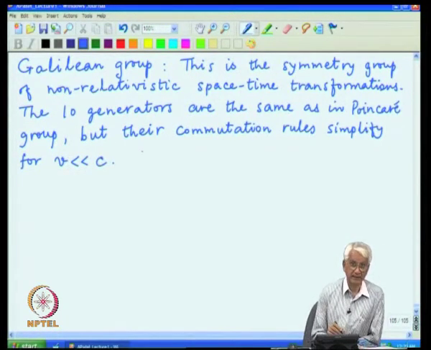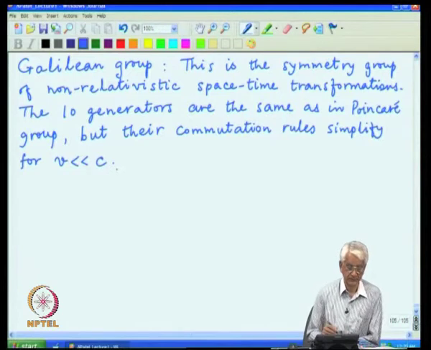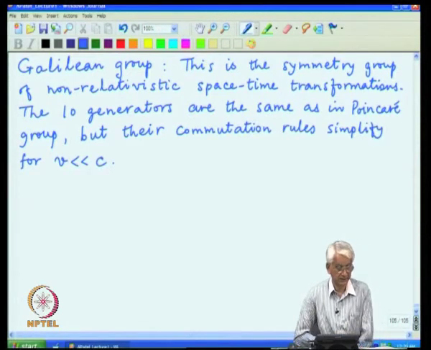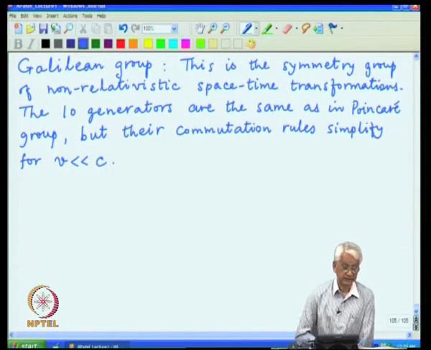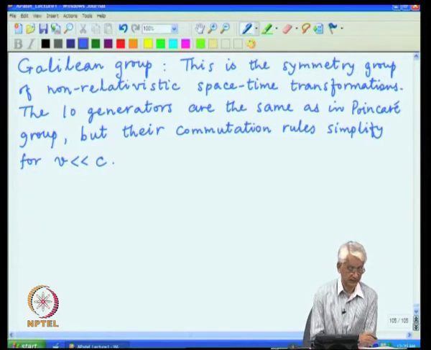And this technique of starting with one group and taking a limit to obtain a different algebra is a useful technique in the study of several continuous groups.